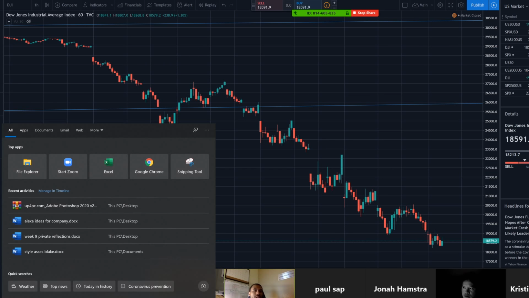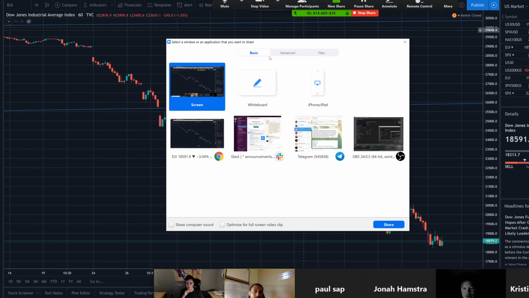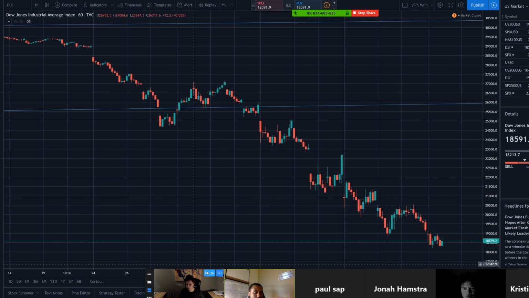So let me go ahead and show you. Yeah, and if you think about it, it's an obvious conflict of interest if they're taking the opposite side of your trade, right? If they can take the opposite side of your trade and dictate the market prices, or the reflection of the market prices, it creates a conflict of interest that you don't want to be on the wrong side of.